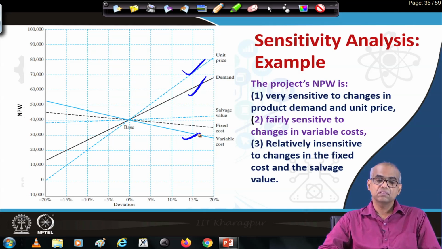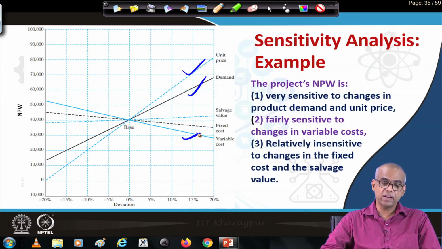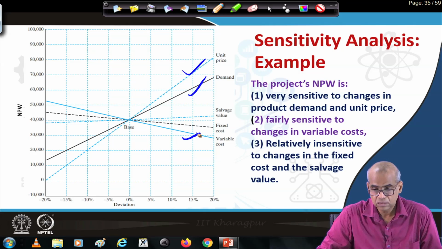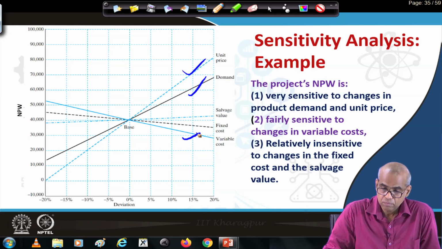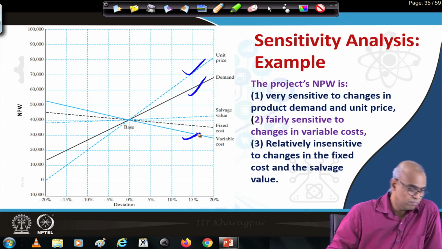So, we get a total picture of how changes in these different factors affect the net present value or the profitability analysis of the project cash flow diagram.